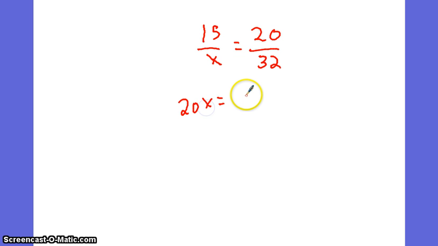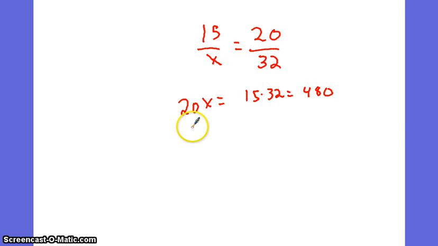So 15 over x equals 20 over 32. Again, we are going to do cross products to do that. There's lots of ways I can do that, but let's do 20x equals 15 times 32, which, by the way, equals 480, if you don't know.